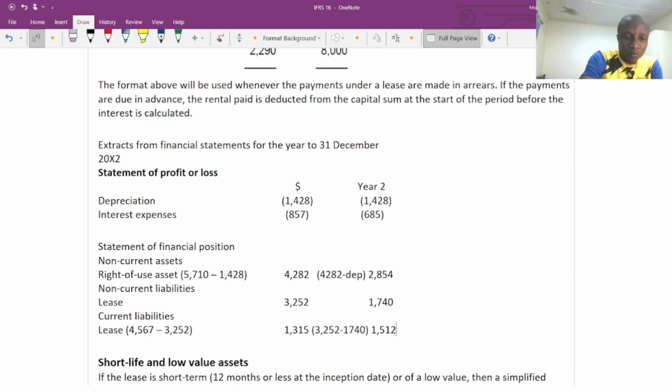So basically, this is the entry that we're going to do for year two and for year three and so forth. So basically, this is what you need to know for the examination.